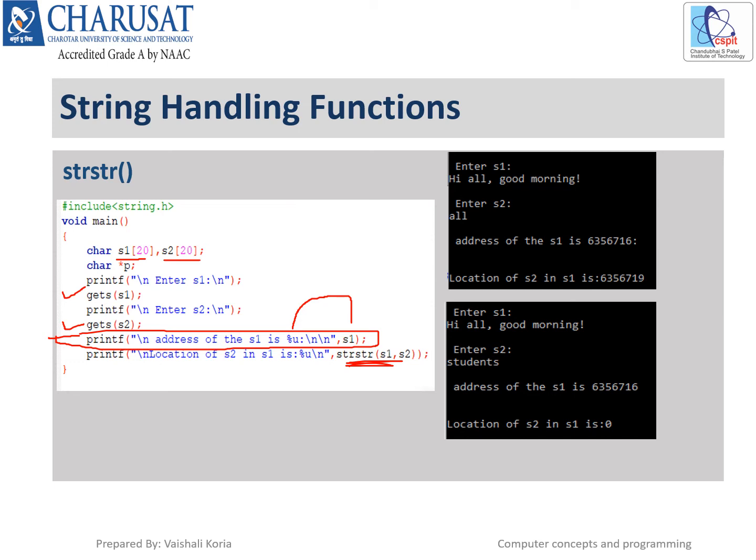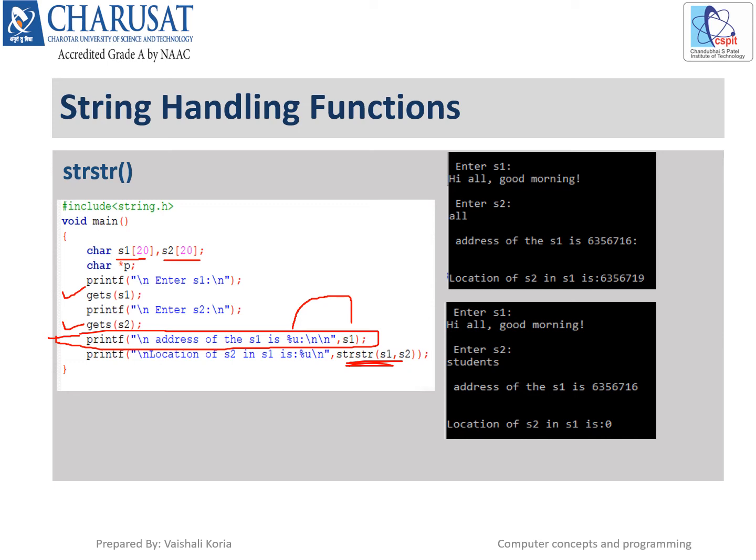Here when I am printing the s1 value using %u, which is generally used to print unsigned integer values, we are trying to print an address, and addresses are always unsigned values.